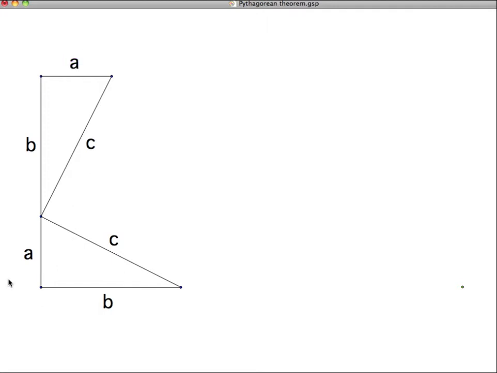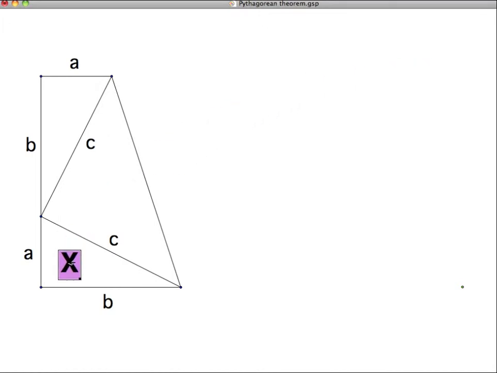Garfield's final step was to draw a segment in order to create a trapezoid made up of three right triangles. He drew a segment from this point to this point, and you can see that what we're left with is a trapezoid, base B and A with height B plus A, made up of three triangles. Let's go ahead and label these triangles.